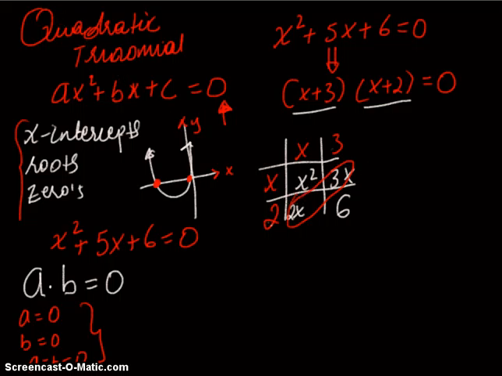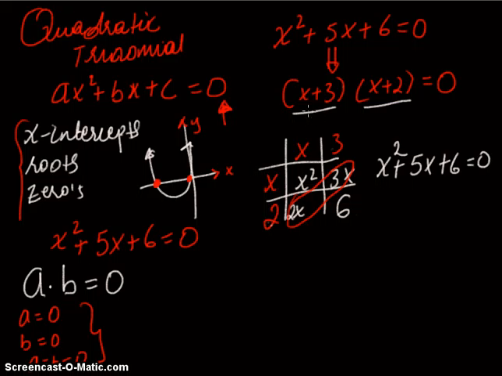So when we combine them, we get x squared, which is the first one, 2x plus 3x will be 5x, and then plus 6. So we know that the product of these two things actually equals our original quadratic trinomial. So we're going to learn how we get from here to here using those techniques that we just mentioned, box method or sum and product. But once we get that, how do we find the roots?